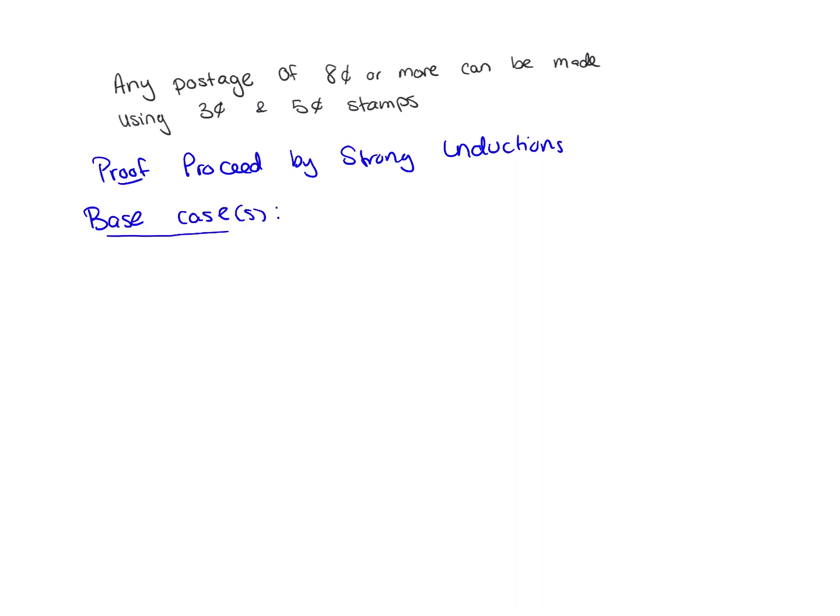So I'll leave some space. So let's say, well, we just want to say that we can make 8 cents. So maybe we can say n is 8 here, because that's the lowest number I want to make. So then I can just say how we can make 8 cents. We can make 8 cents using 5 cents plus 3 cents. Okay, leave some space. Now let's do our inductive step.